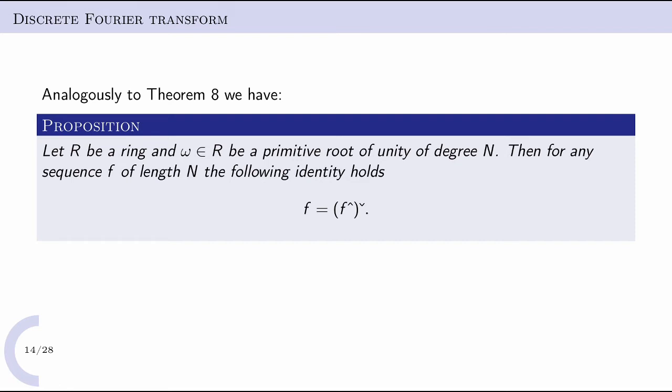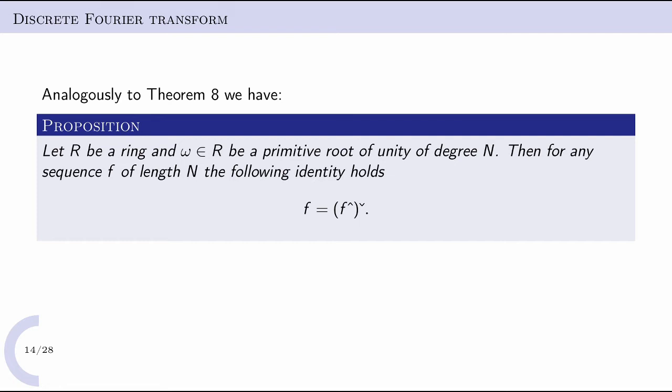That's where the name inverse Fourier transform comes from. Observe that unlike in the standard Fourier theorem, here we have no special assumption. In the standard Fourier theorem we had to assume that f was absolutely integrable. Here we do not put any special assumption because they are vacuously true.